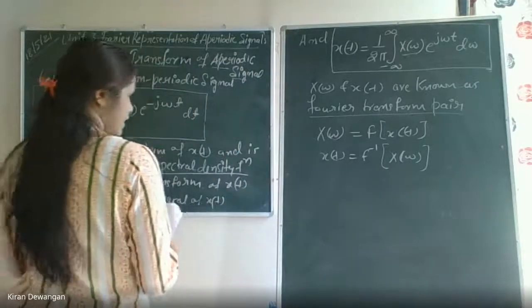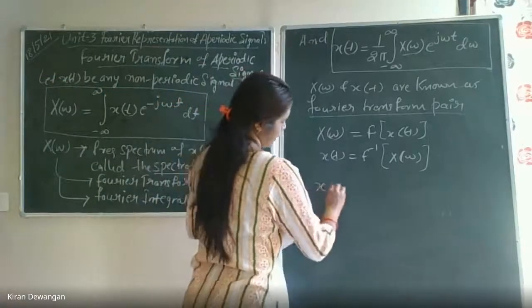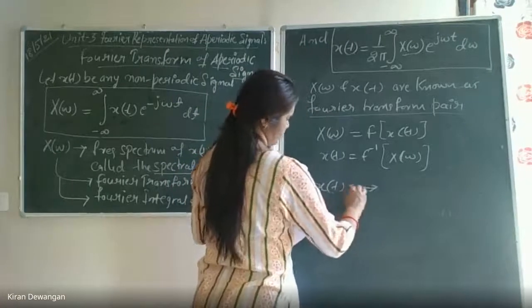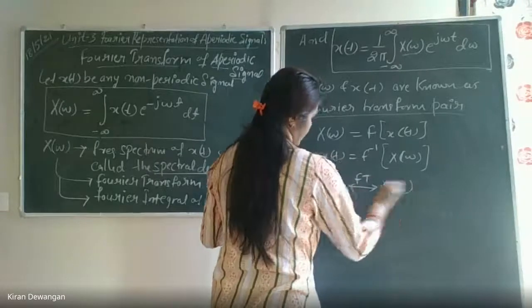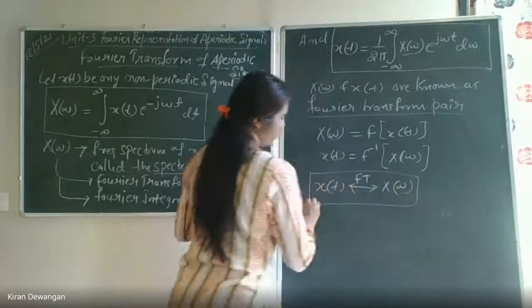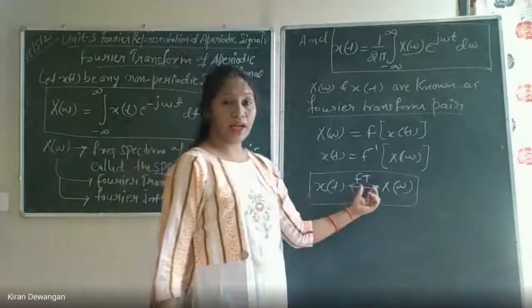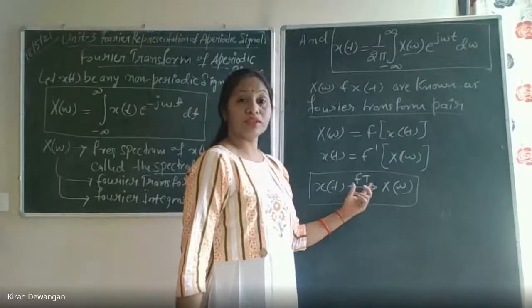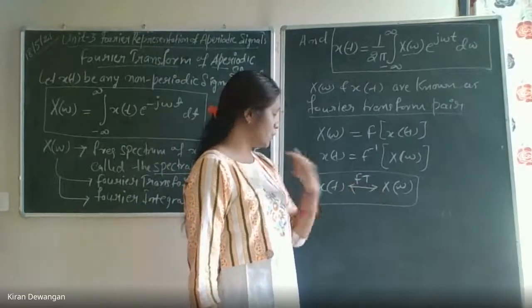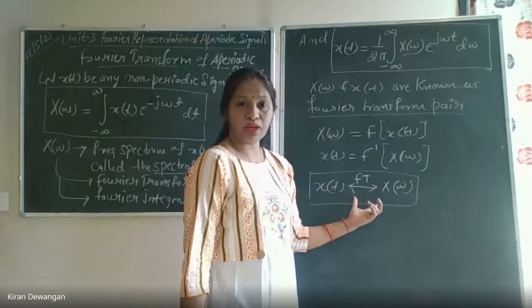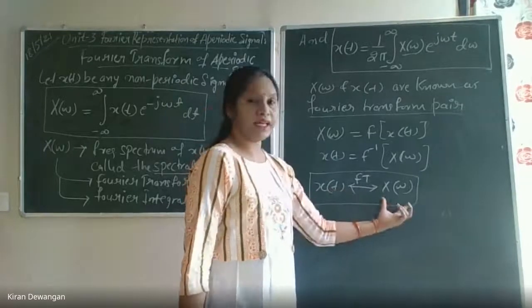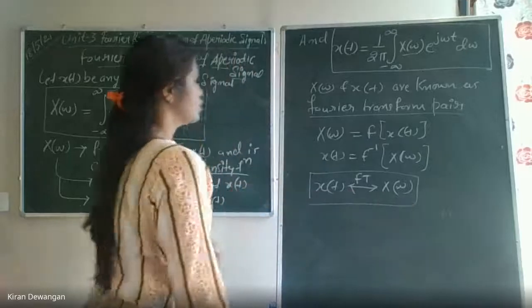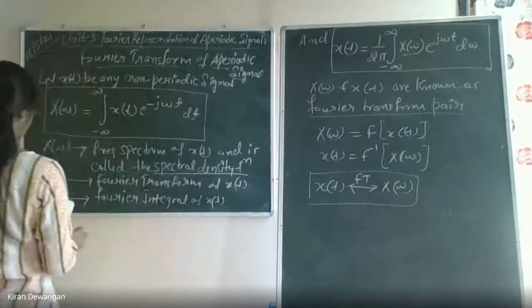Okay? So that is how we write. If we are writing xt, Fourier transform, x omega, this is how we'll write. That is, we'll have to write here Fourier transform because we need to know what is the thing that we are applying to x. To xt we are applying Fourier transform. We are getting x of omega. Okay? So that was the basic about the Fourier transform.